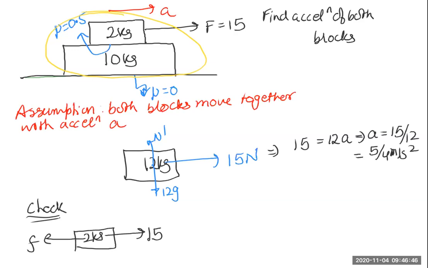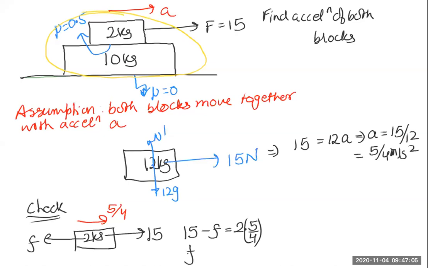So the acceleration of the 2 kg block is 5 by 4. So I will have an equation: 15 minus F is equal to mass into acceleration. Right? You could do the same with the 10 kg block. In fact, you should do it in your copies.